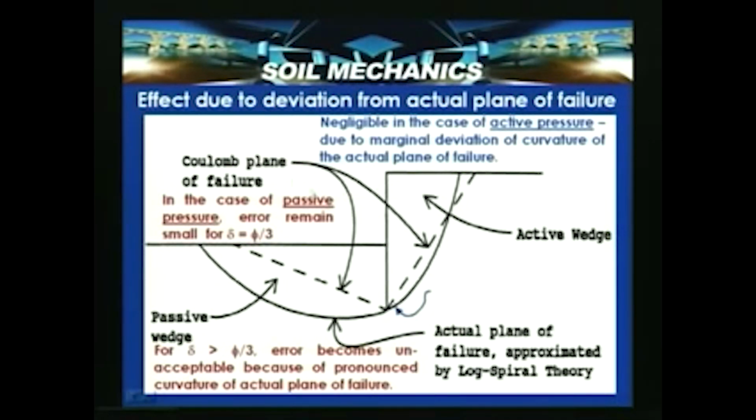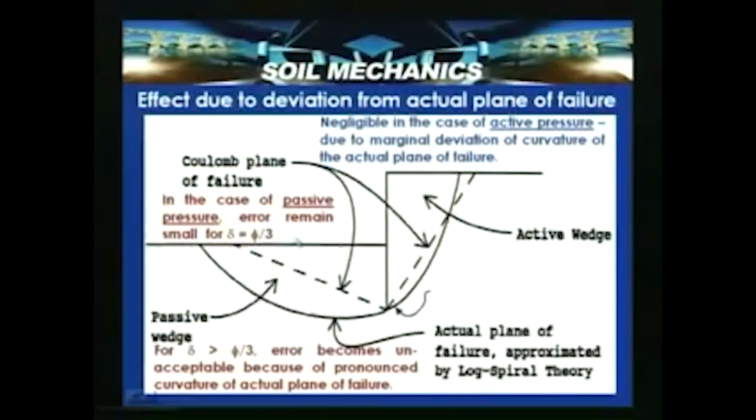But in case of the passive case, the error remains small as long as the interface friction angle is about 1/3 of the friction angle of the soil. That is, if delta is within phi by 3, the error in the passive pressure remains small.